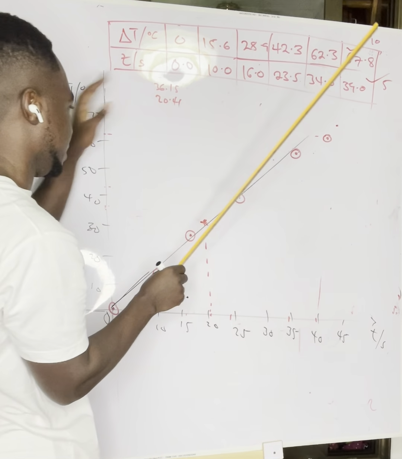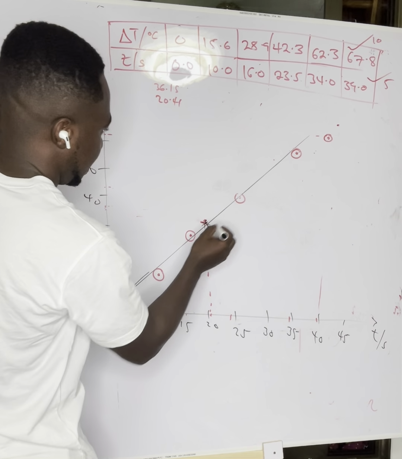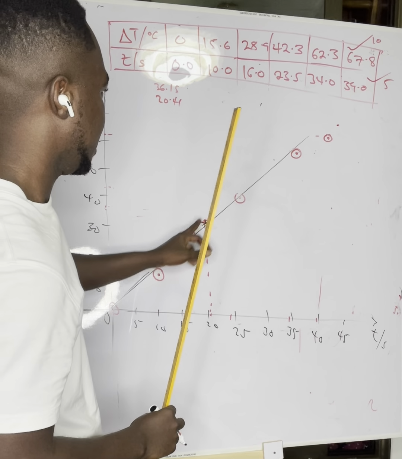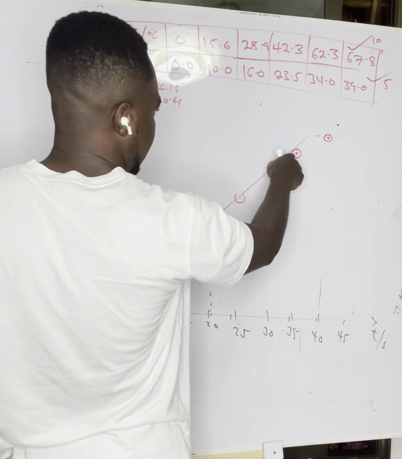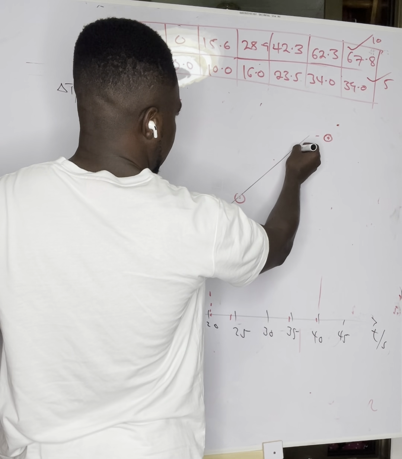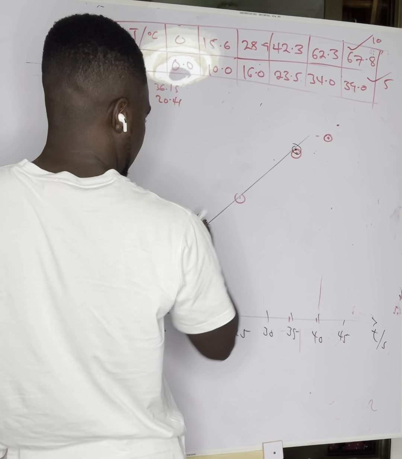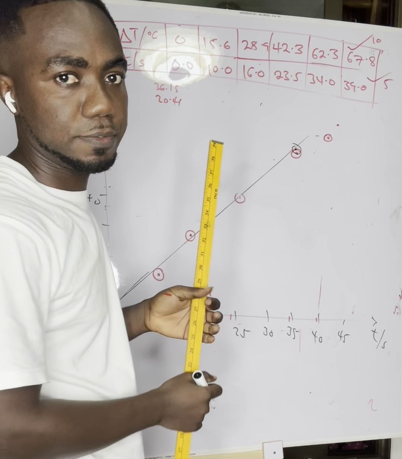I'm passing through my centroid here. Okay, so the deviation is okay, one line here. Take this point here, because we are not using the original graph sheet, this has deviated from the original position, so that this will pass here on top. So one deviating here against this to give us the line of best fit.